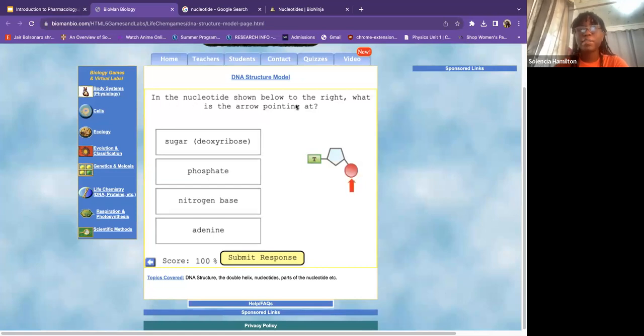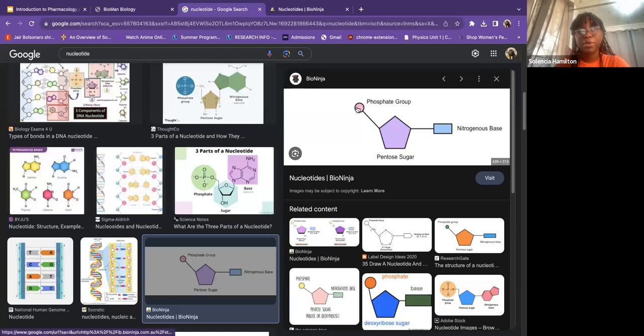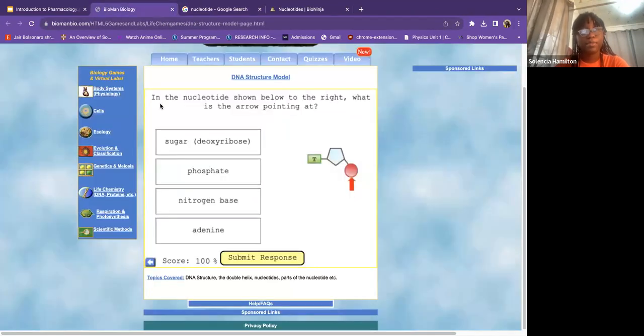Okay, so in the nucleotide shown below to the right, what is the arrow pointing at? Let's look at this image. So the circle represents a phosphate group. The pentagon represents a sugar, while the rectangle represents a base. Now looking at the question again, the arrow is pointing to the circle. The circle represents what? Phosphates, yes.